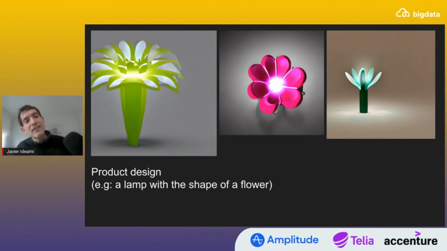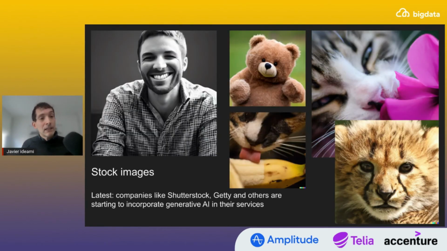You can go crazy experimenting all sorts of variations of a product until you are happy and you move on to produce it. Stock images is an obvious one, and the latest in this field is that companies like Shutterstock and Getty and others are starting to already incorporate generative AI in their services. Why?